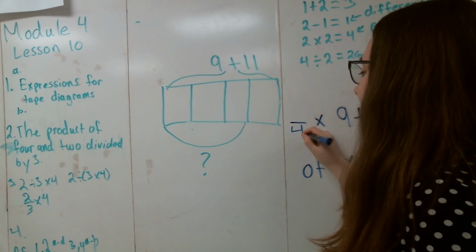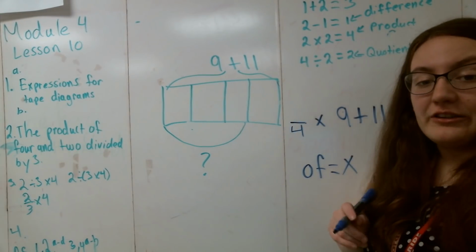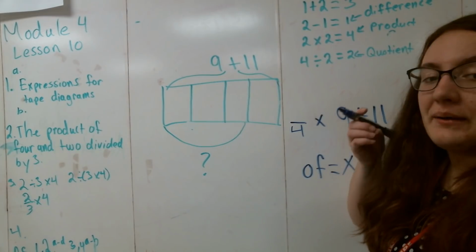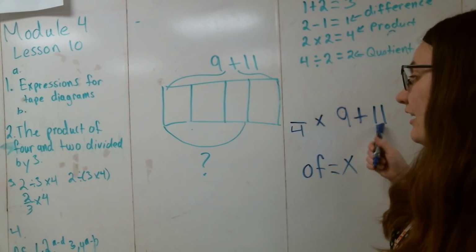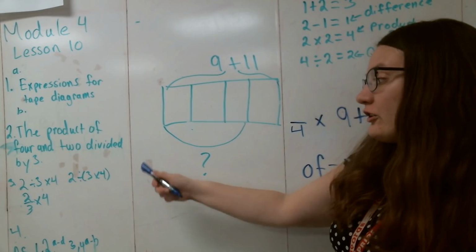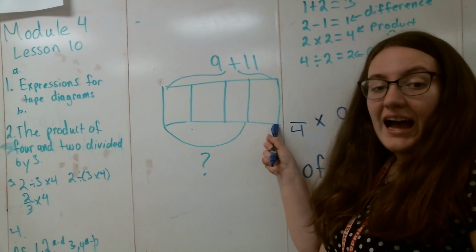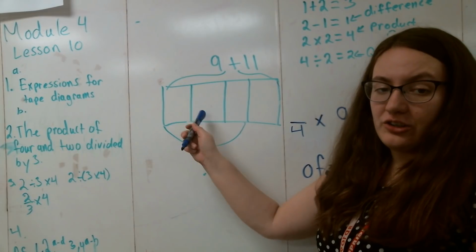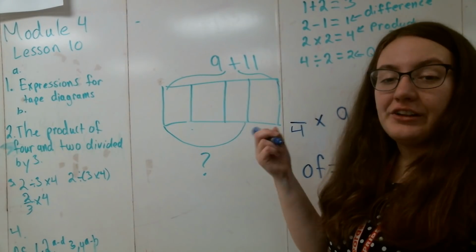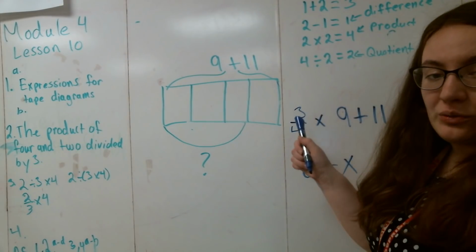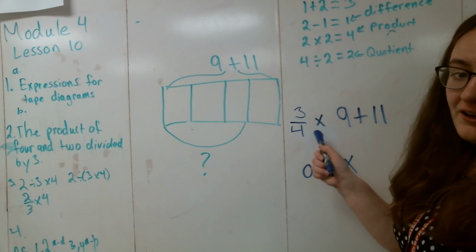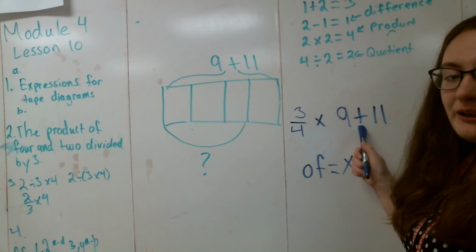So that is my denominator. Now I'm trying to figure out how many parts am I trying to find of this tape diagram, or of 9 plus 11? Well, I'm not trying to find the whole thing. I'm only trying to find 1, 2, 3 out of the 4 parts. So I'm only trying to find 3/4 of, or times, 9 plus 11.